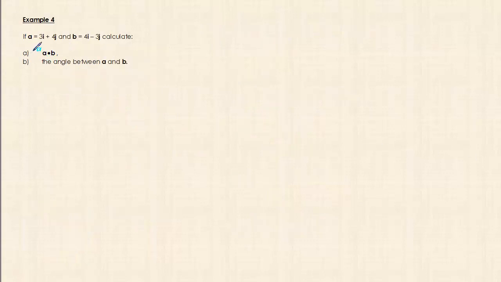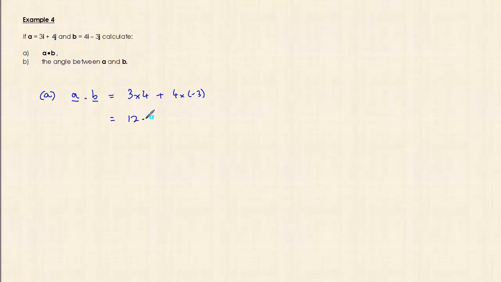If A is 3i plus 4j and B is 4i minus 3j, we want to calculate A dot B. So all we have to do is multiply the i components together, so that's 3 times 4, and then we add that to the j components multiplied together, so that's 4 times negative 3.